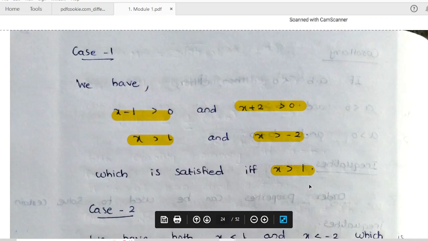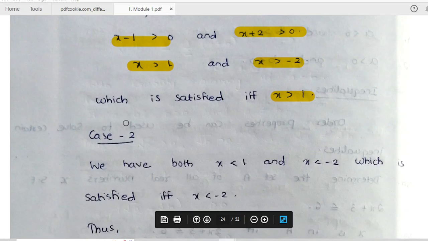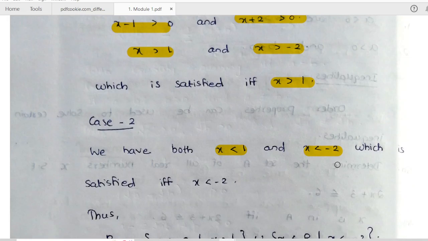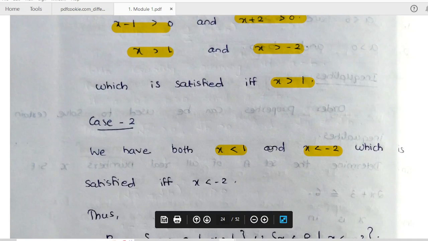Similarly, case 2, we have x less than 1 and x less than minus 2. Looking at the common region of both, the common region is x less than minus 2.